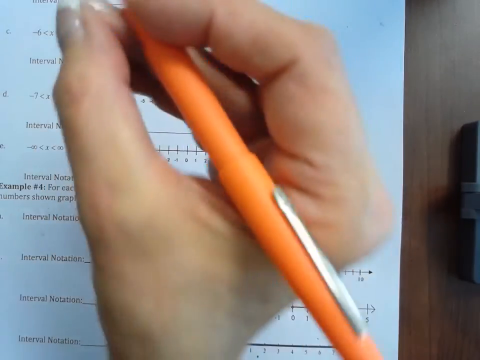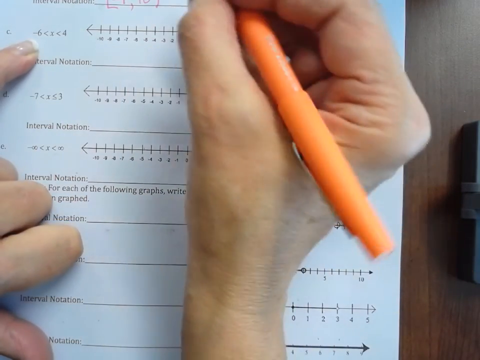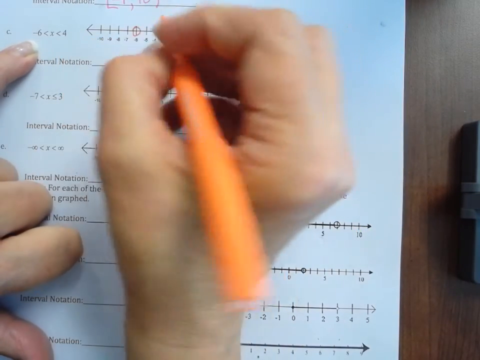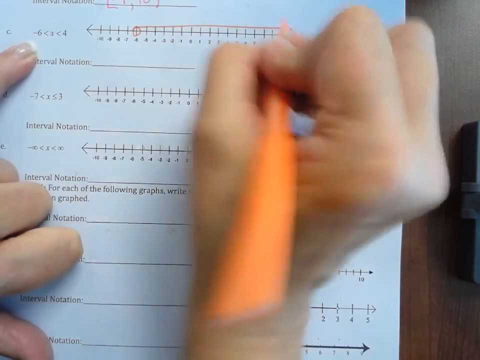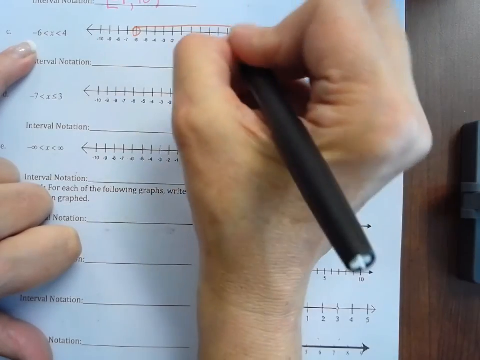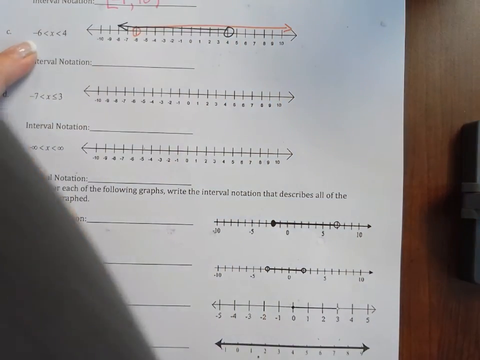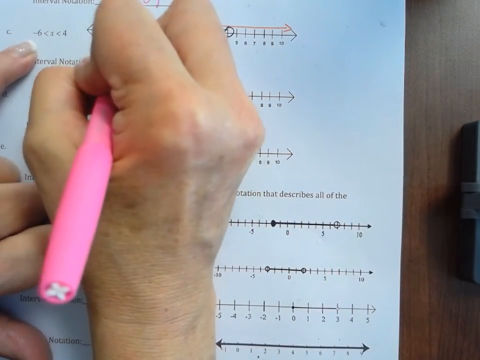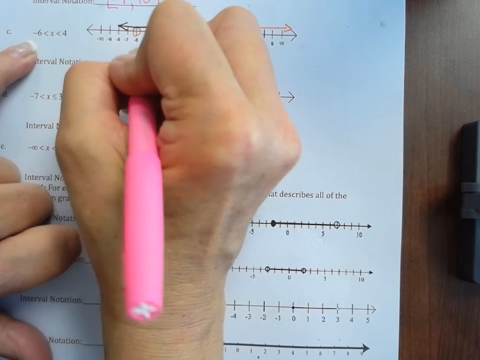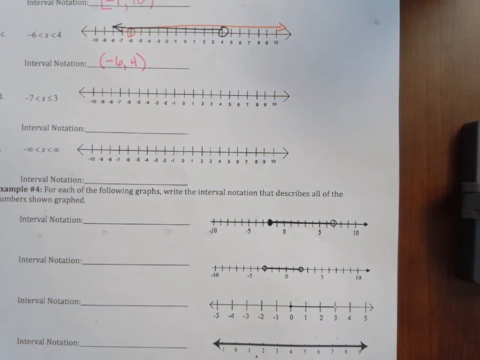All right, so x is greater than -6, but it's less than 4. And so I'm going to have -6, 4, and parentheses.